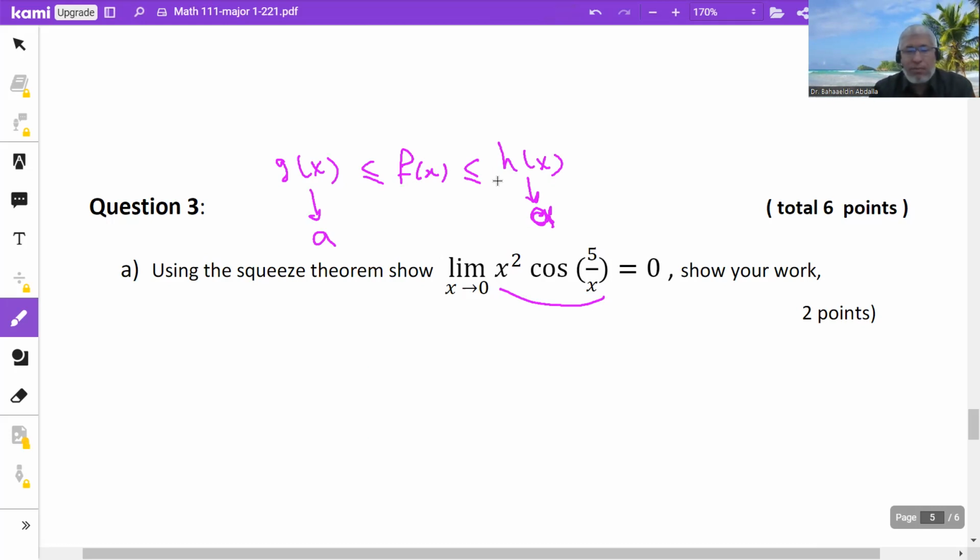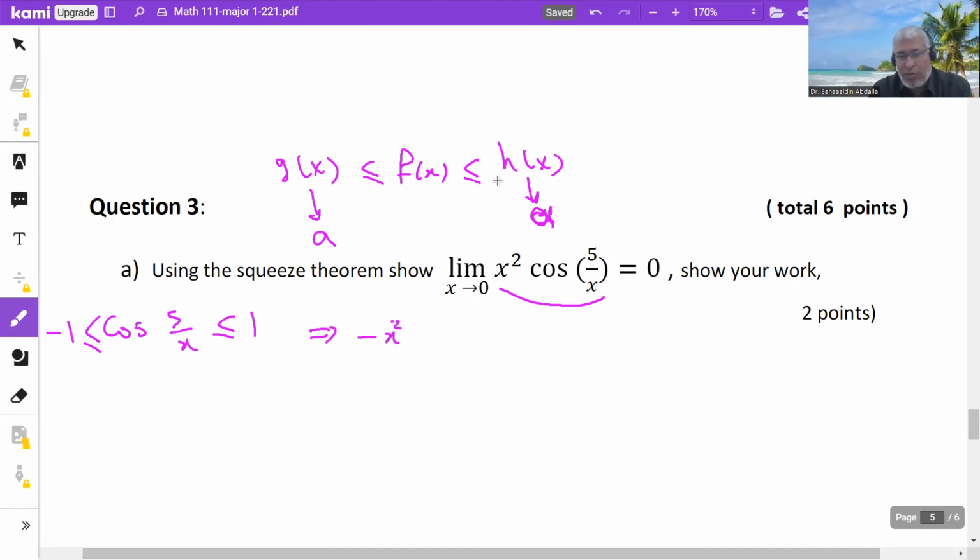So here I have cosine 5 over x. I know that cosine is always between negative 1 and 1. This is from geometry. But the function is x squared times cosine. So I multiply the inequality by x squared, which is positive.